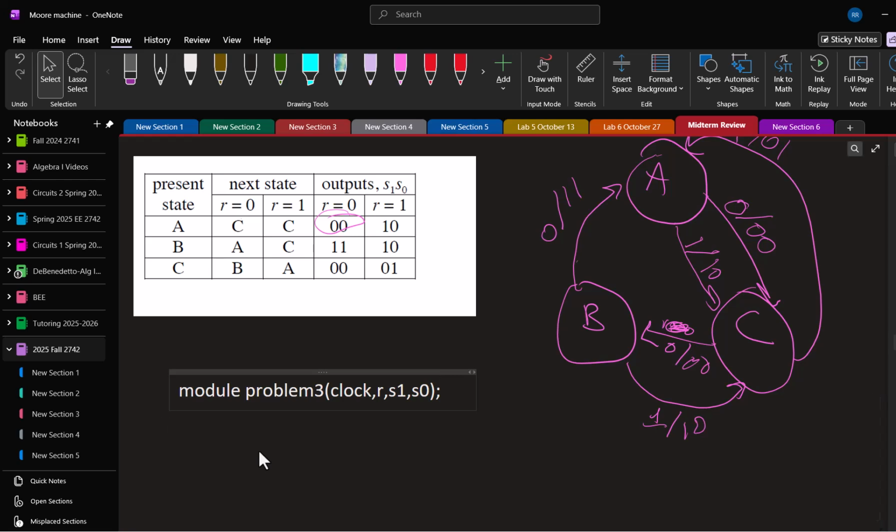So input clock, comma R. Now it's going to be output reg S1, comma S0. If this was a Moore machine, it wouldn't have to be output reg, it could just be output, because with a Moore machine, we assign the output outside of both of the always blocks.